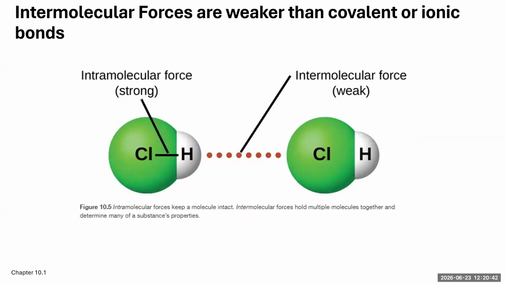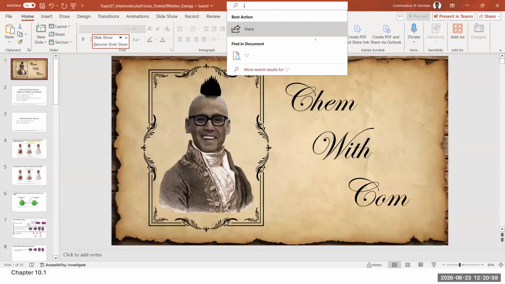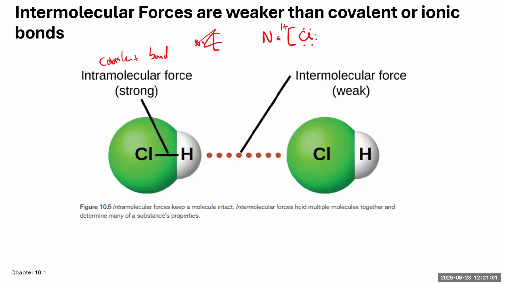So this is a covalent bond. We also have ionic bonds, something like this, where you have sodium, 1 plus, and chlorine with all its electrons, 1 minus.